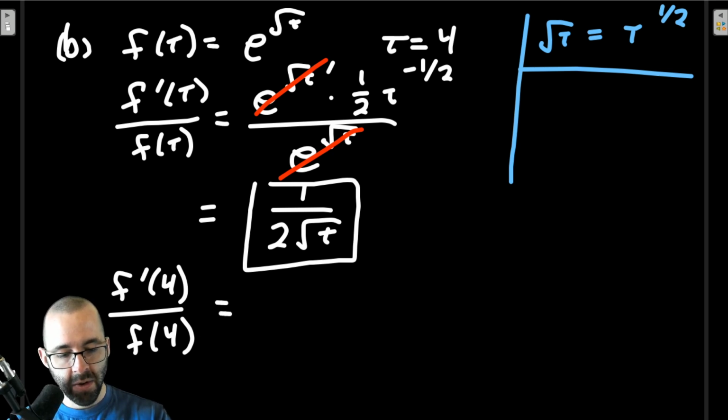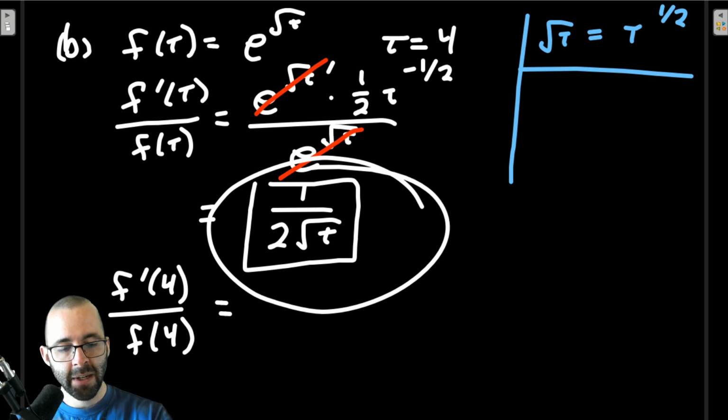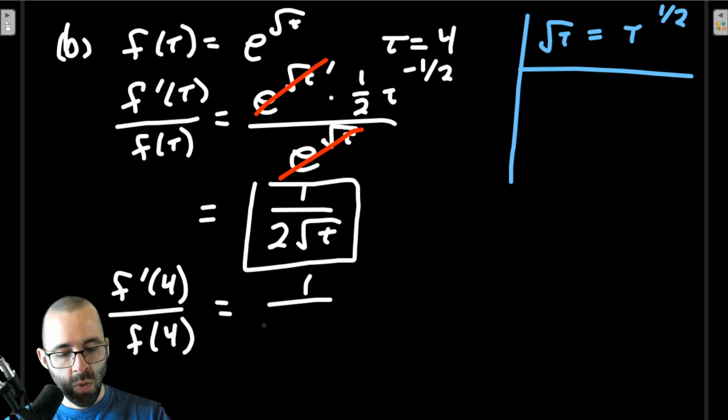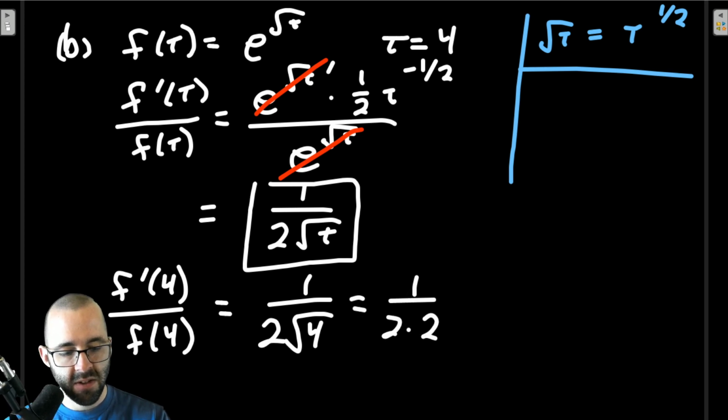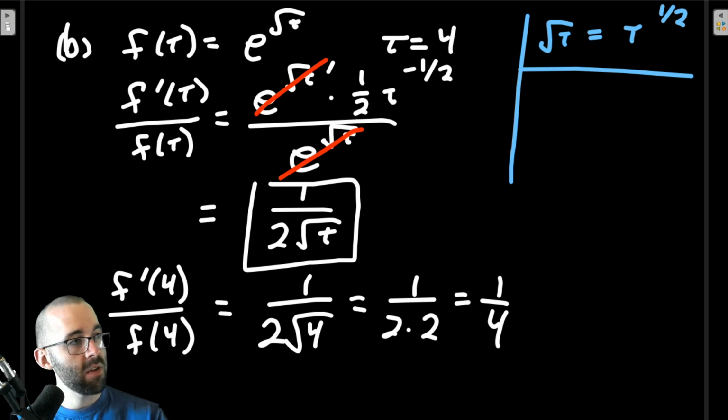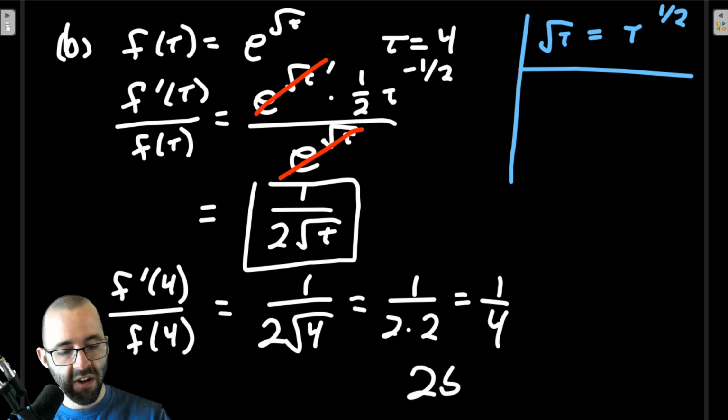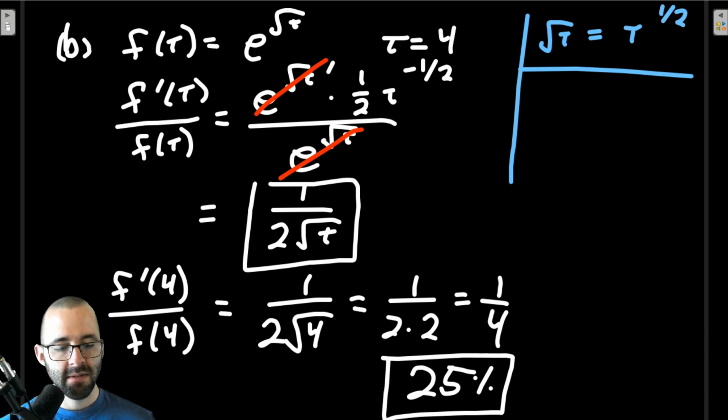So we just plug it into our logarithmic derivative: 1 over 2 times the square root of 4. The square root of 4 is definitely 2. That is 1/4, or 25%. It's 0.25. Turn 0.25 into a percent.